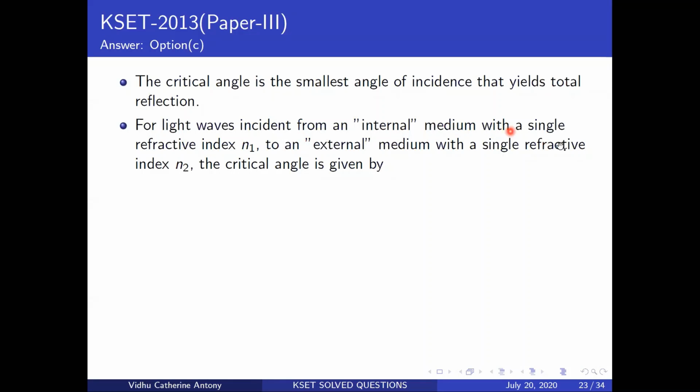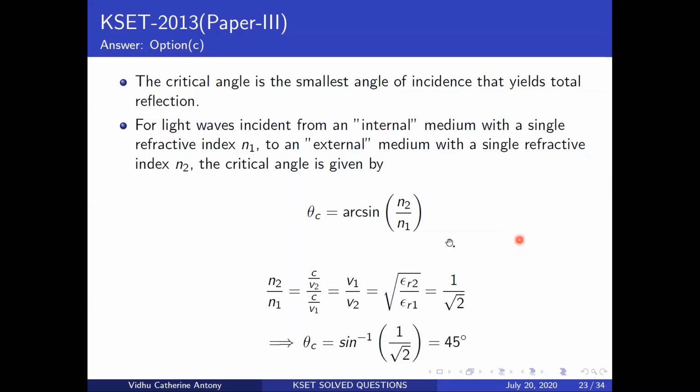Let's say your light waves are incident from an internal medium with refractive index n1 to an external medium with refractive index n2. So you have to write this as your critical angle: theta c is equal to arcsine of n2 divided by n1. So you have an n2 divided by n1 here.